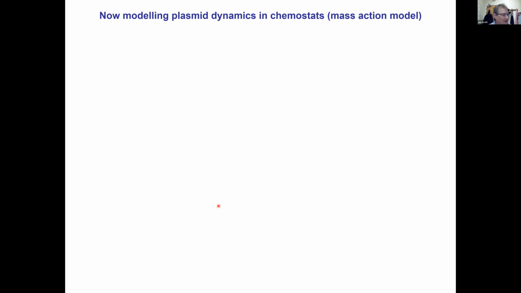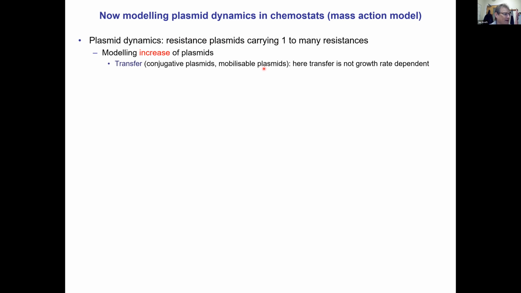So now let's do a little bit of plasmid dynamics in chemostats. Let's assume we have a resistance plasmid that carries a resistance, could be several resistances, but let's just think of one here. So we have to model the increase of plasmids. They can increase due to plasmid transfer. And that transfer rate can be dependent on growth rate or not.